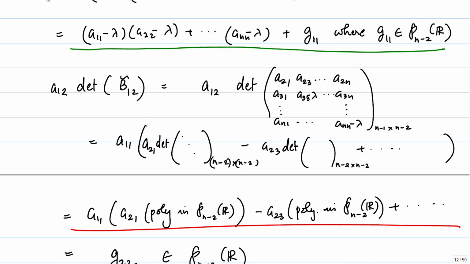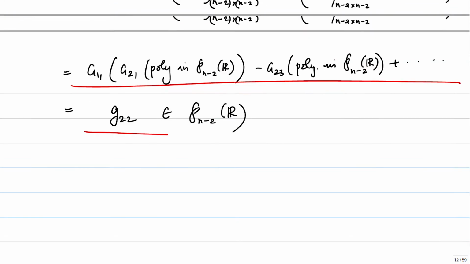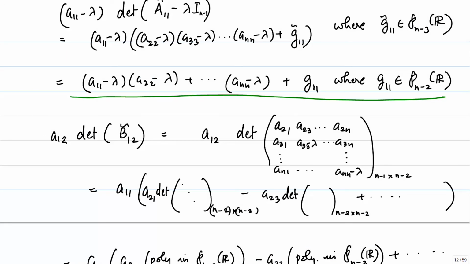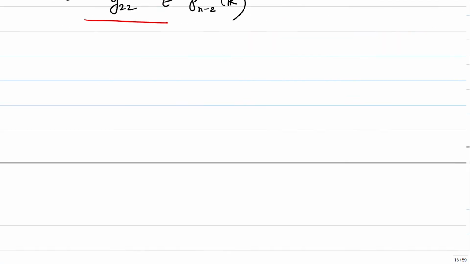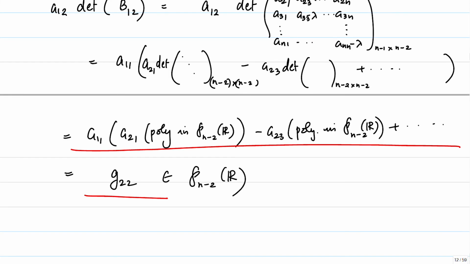So the nth term should be expanded, the cofactor expansion should be along the nth row. And at every stage, we will end up with a polynomial of degree less than or equal to n minus 2. So finally, what do we have? The green thing that I have just written down plus many polynomials of degree less than or equal to n minus 2.